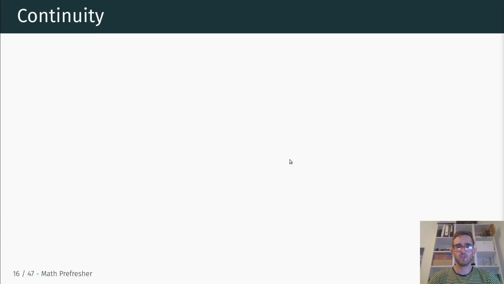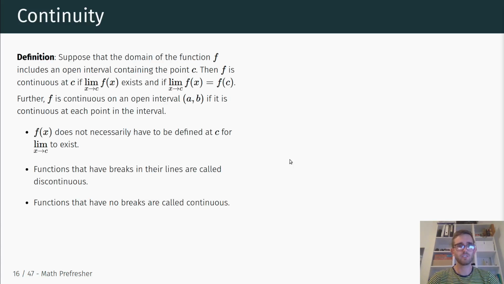Another important concept that we sometimes see that I just want to mention briefly is continuity. It's also related to another concept called differentiability, which we'll cover when we talk a little bit about calculus. And in general, continuity can be defined as follows.